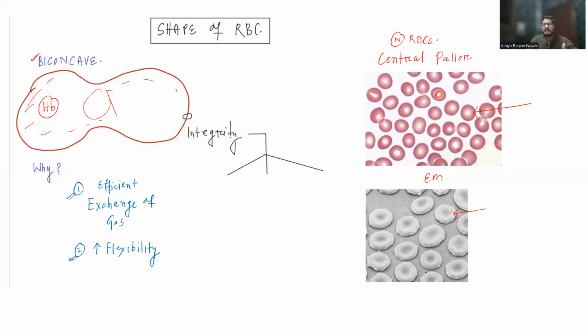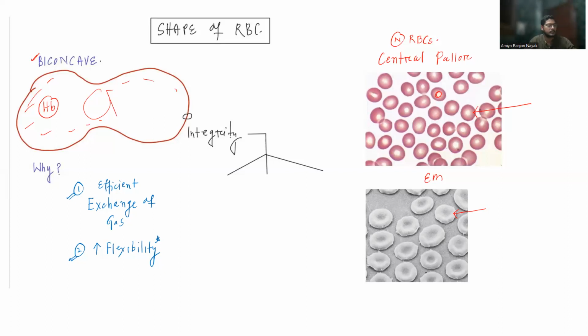So these are the two important consequences of having extra surface area: efficient exchange of gases, those are carbon dioxide and oxygen, and more flexible RBCs. Now, why is this flexibility important? Because RBCs, when they circulate through the spleen, especially the open circulation of the spleen, tend to negotiate through very narrow slits in the capillaries.